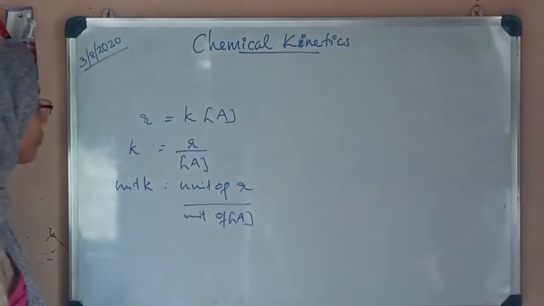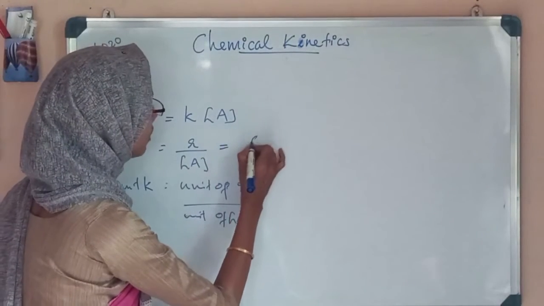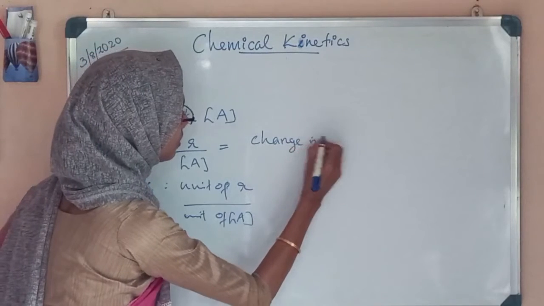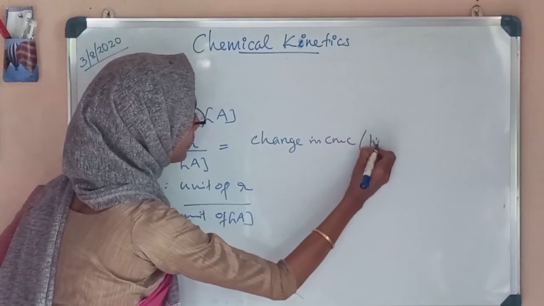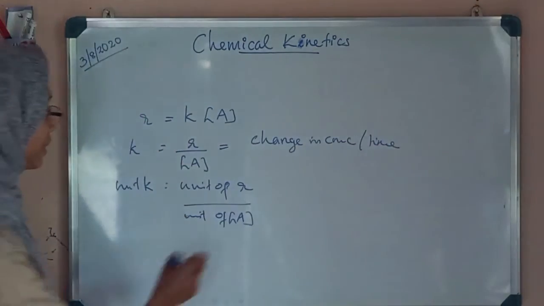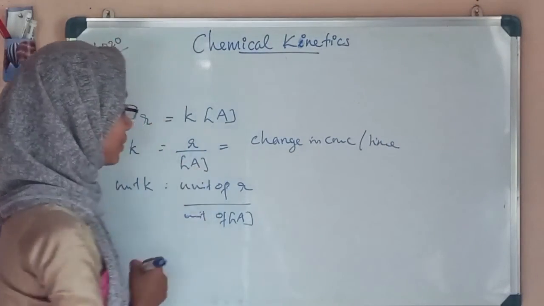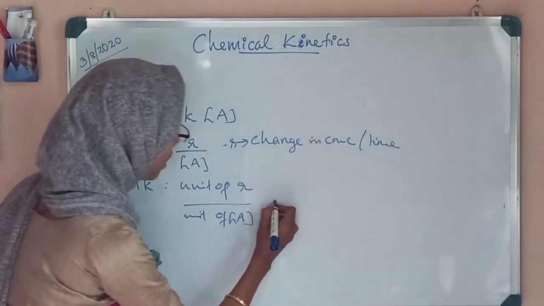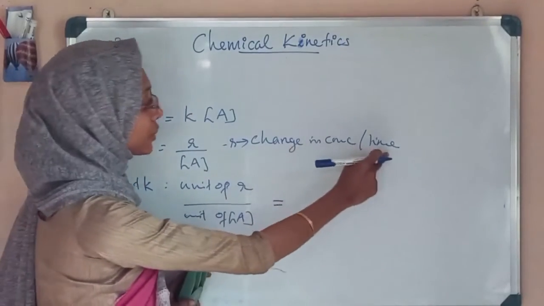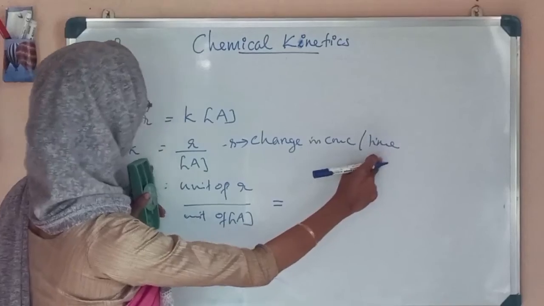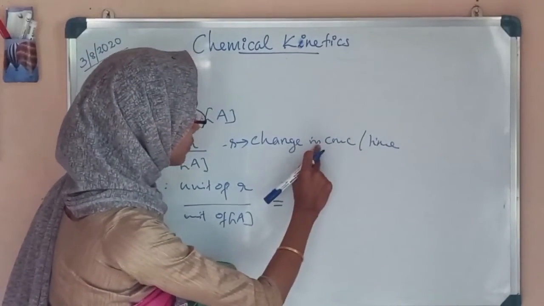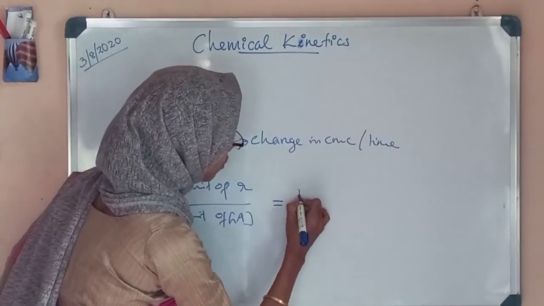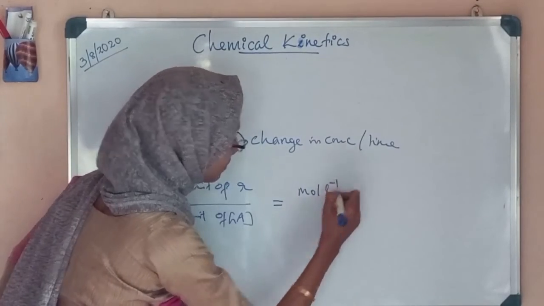Here r is the change in concentration divided by time. So the unit of r is the unit of change in concentration, which is nothing but the unit of concentration, that is mole per liter, divided by time.